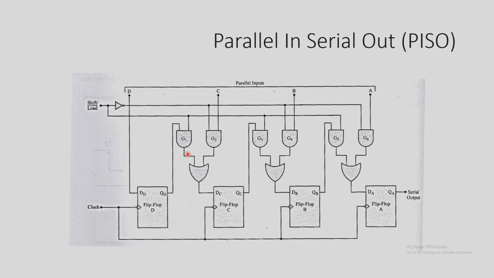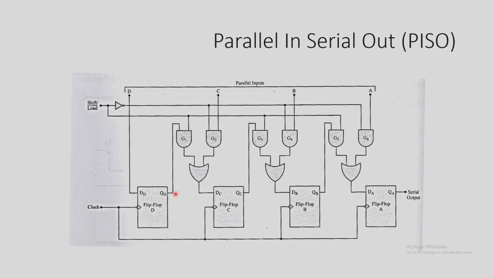This AND gate will be carrying the output QD, so QD ANDed with 1 will produce QD. The other gate gives 0 output. So after ORing 0 and QD, we get QD, and QD will be fed at this terminal.